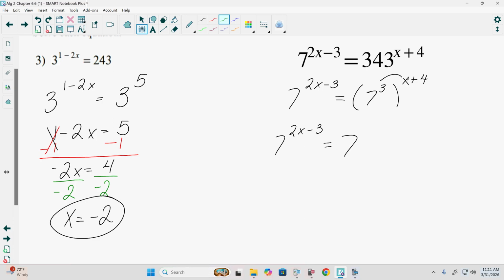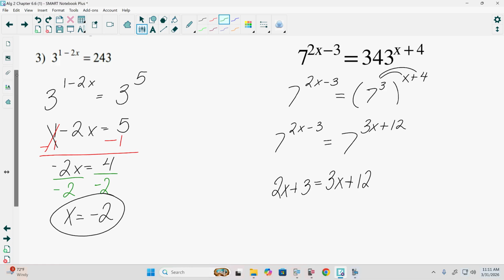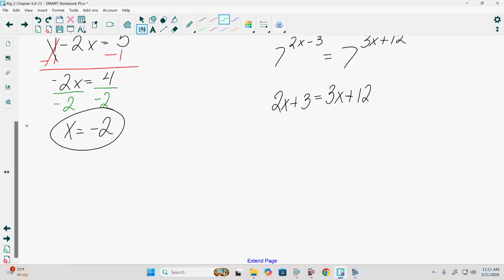Powers of powers, multiply. 3 times x is 3x. 3 times 4 is 12. Since the bases are the same, the exponents have to be the same as well.